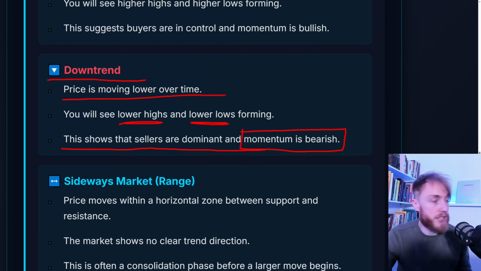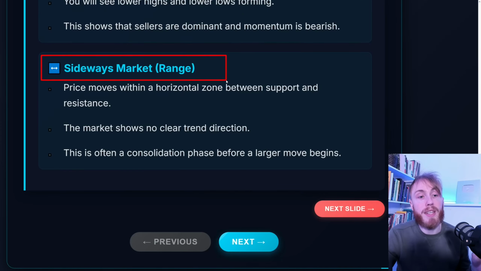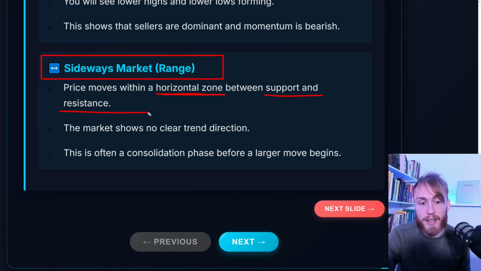The third trend state I want to cover right now is the sideways market, or in other words, the trading range. And this is when the price moves within a horizontal zone between support and resistance. And the market in this kind of state shows no clear direction. And this is often a consolidation phase before a large move begins.